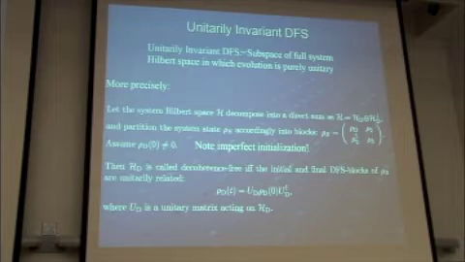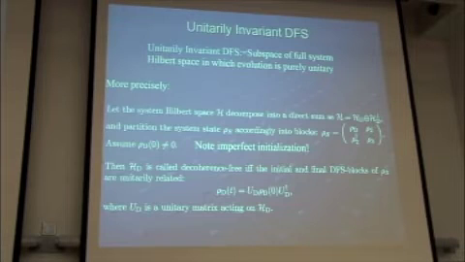And we will be able to perfectly evolve unitarily information in the DFS. Okay, so what is now a unitarily invariant DFS? H_D, the piece where we're storing the information, is decoherence free if and only if the initial and final DFS block, that's this, are unitarily related. Okay, so we want rho_D at time 0 to evolve unitarily into rho_D at time t, where U_D is a unitary matrix. Okay, so this is just a definition.